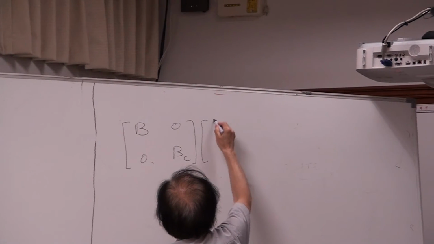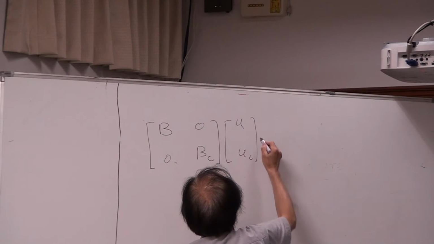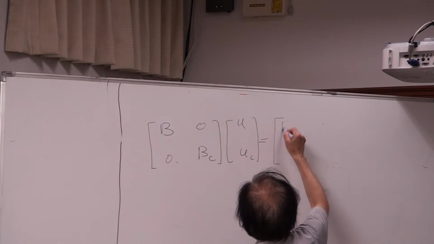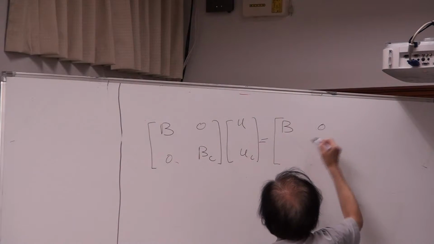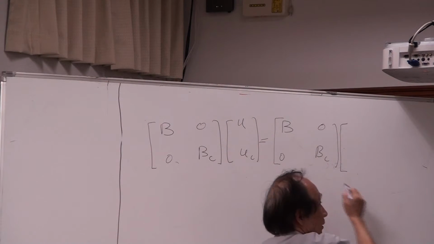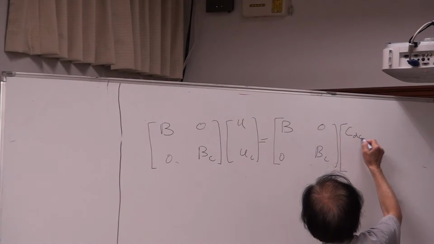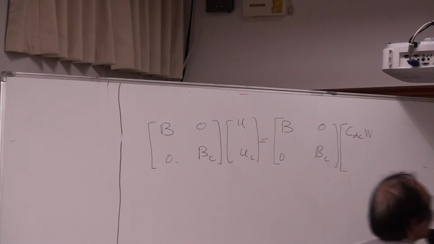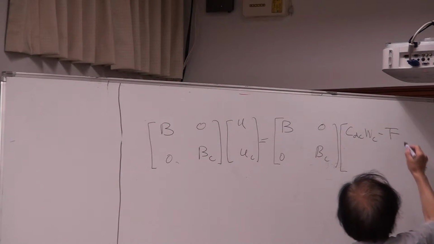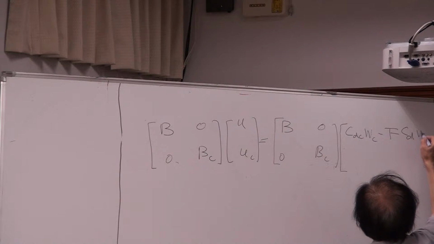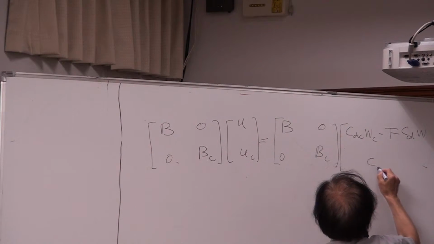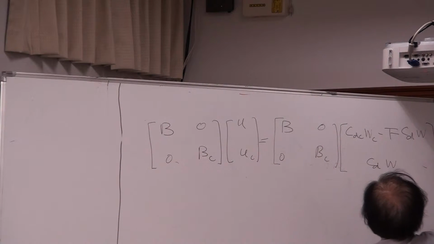You see that's equal to B 0, 0 BC times CDC WC minus F CD W, and then this is CDW, right?